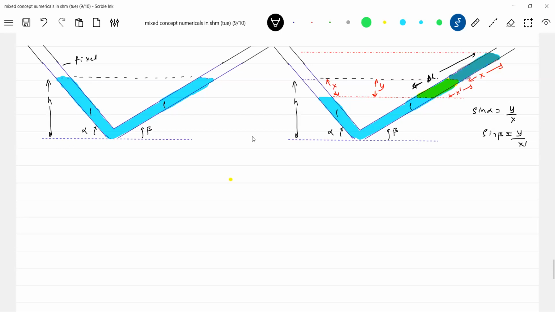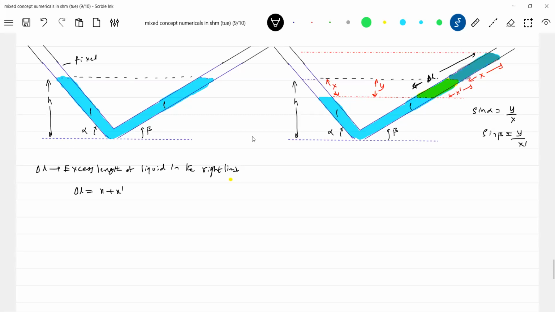Like this we can write it. So delta L is what? Excess length of liquid in the right limb. Now y is equal to, we have replaced.